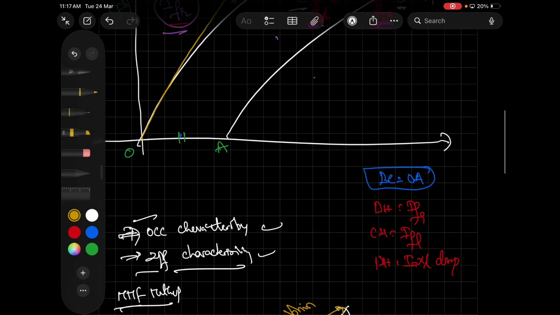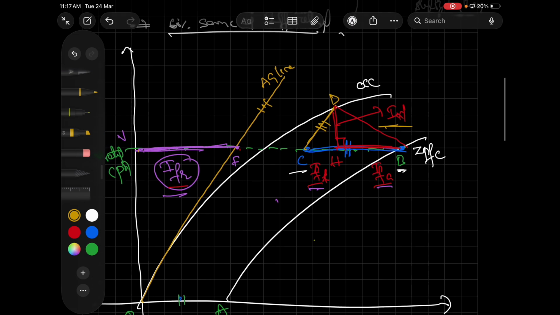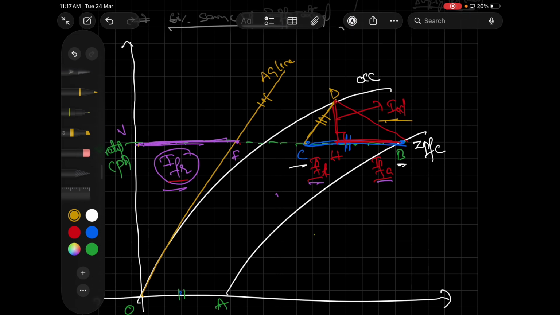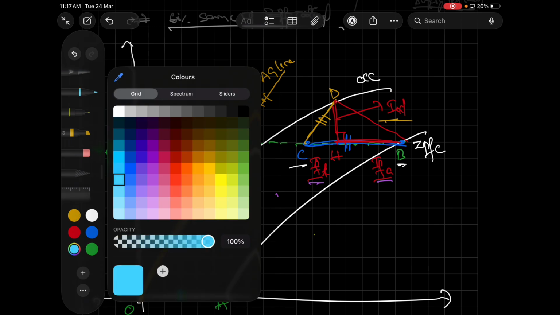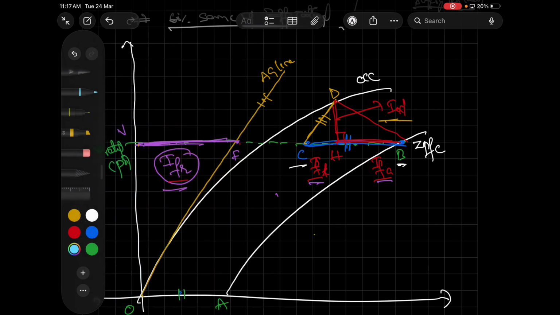Now whatever the ER that I am getting here, let's assume that I am getting the ER length here. Okay, so draw a dotted line onto OCC.